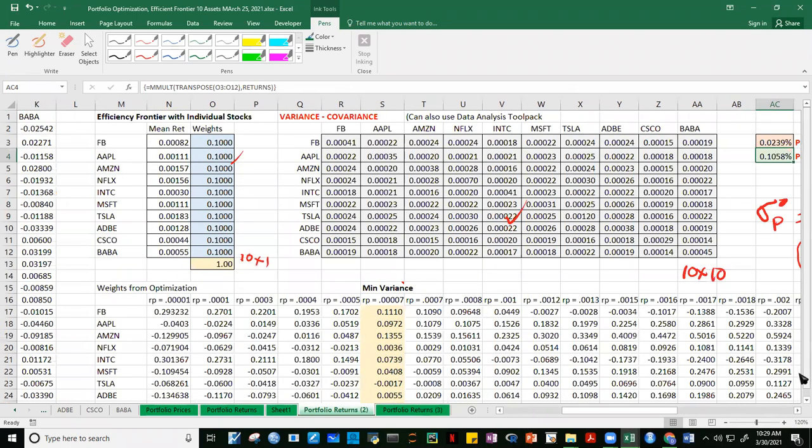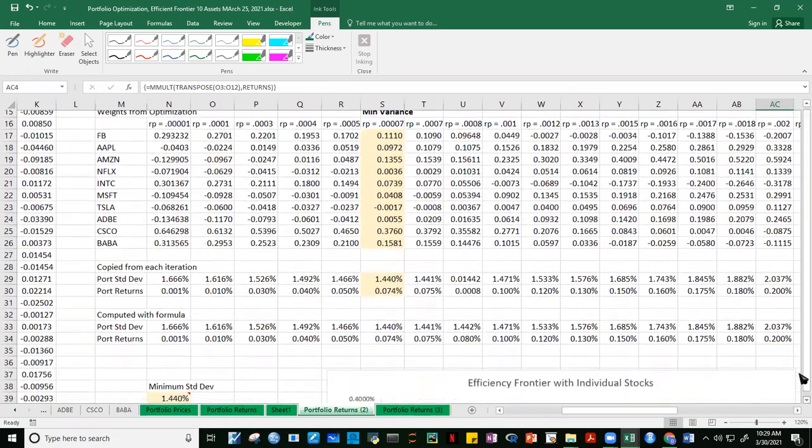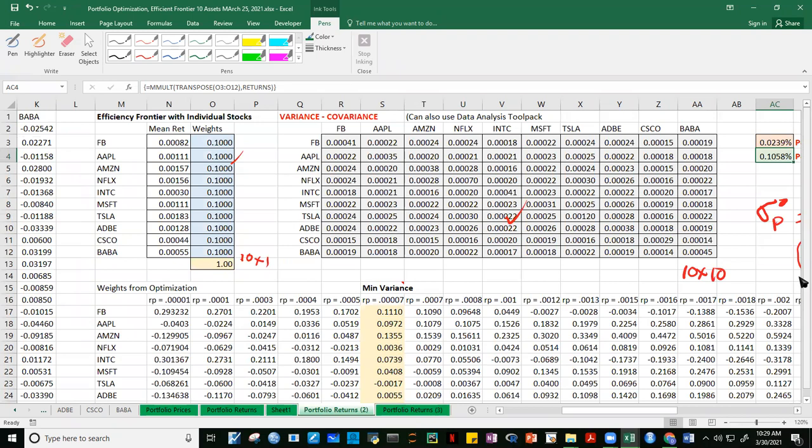Kaya nga dito sa ilalim, if you see this one, kita mo dito sa ilalim, merong portfolio standard deviation at saka portfolio returns. So kailangan natin to. Ngayon ang gagawin natin, magkakreate tayo ng iba't ibang weights ng iba't ibang portfolio.